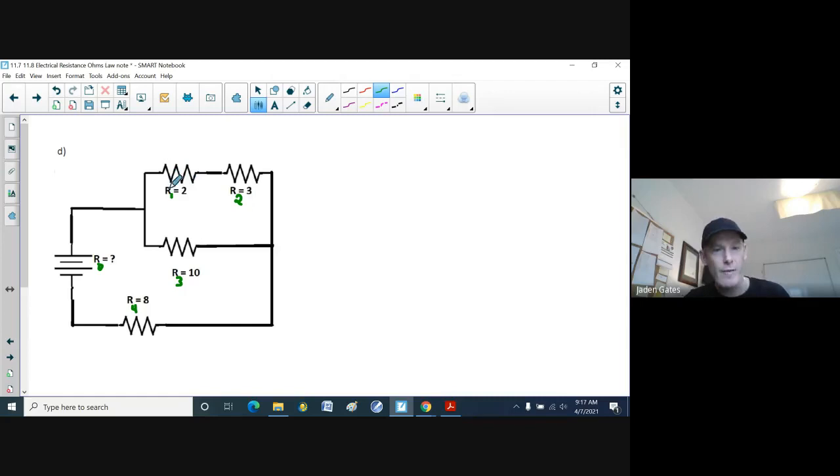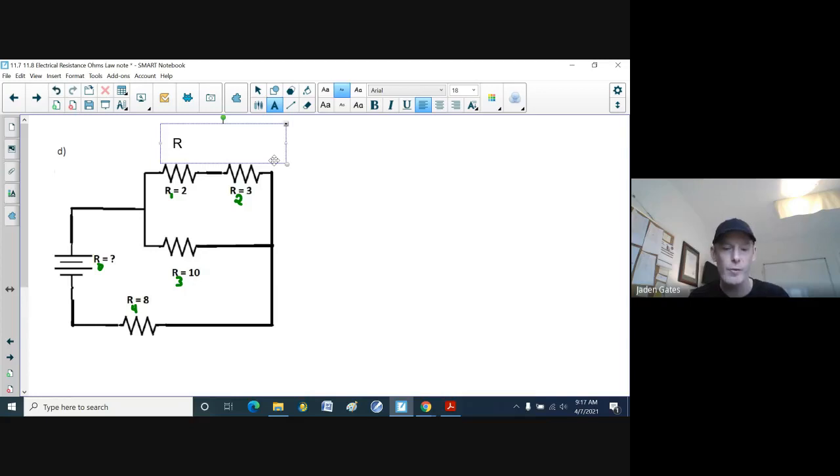So when I have R1 and R2 here, they're in series, so I can simply put them together and say that I have resistance R1,2 here, treating them again as just one load. And because they're in series, I just add 2 plus 3. It's 5. So there's my R1,2, it's 5.